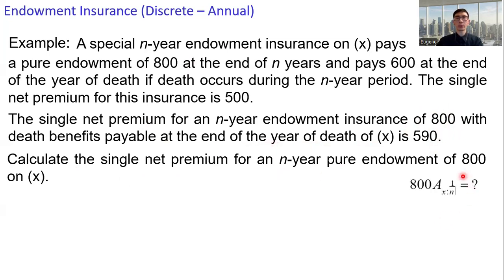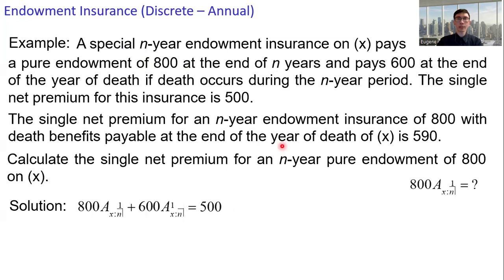All right, so we need to get this notation, the quantity of this. For the first policy, we have the pure endowment of 800 and then a term insurance of $600, an N-year term insurance. The expected value of this is 500.